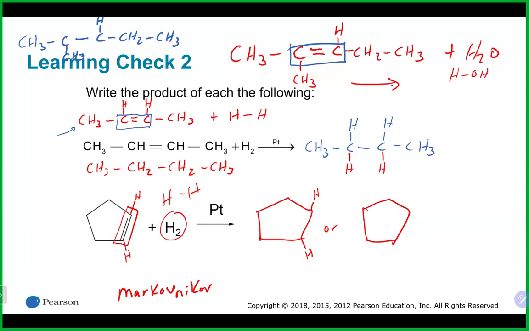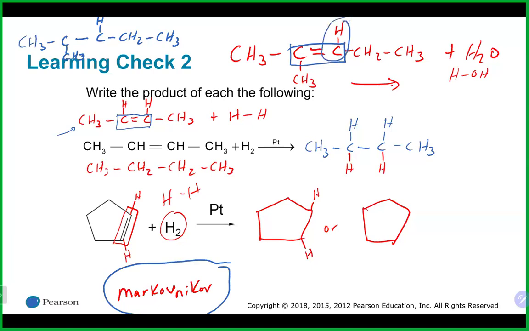And in this case, dare I say, third time's a charm, we're going to follow Markovnikov's rule here, which is that the hydrogen should end up on the carbon that had the most hydrogens to begin with. In this particular case, it would be our carbon on the right here, right?